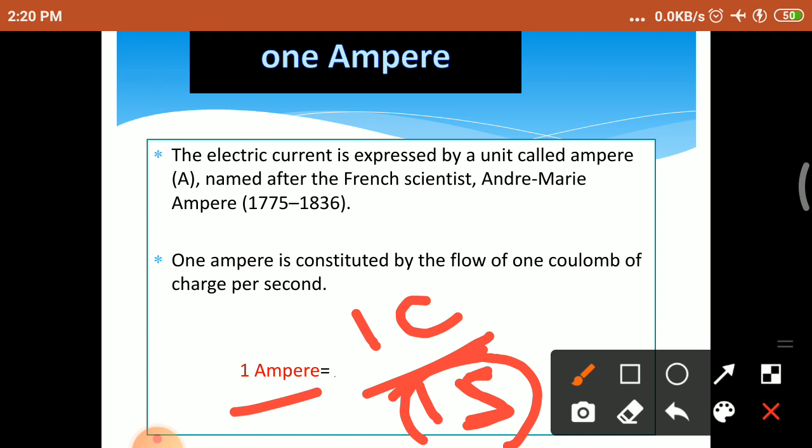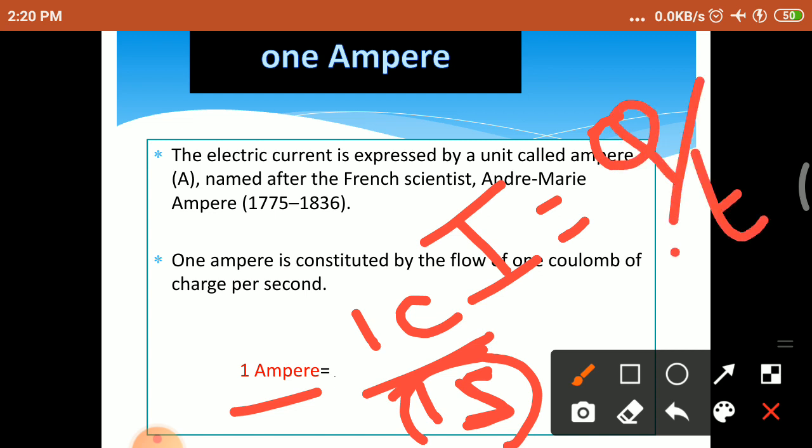Already we know that I equals Q by t. The unit of I is ampere. Why am I saying that this is ampere? It is named after the French scientist Andre Marie Ampere. So the unit of current is ampere.